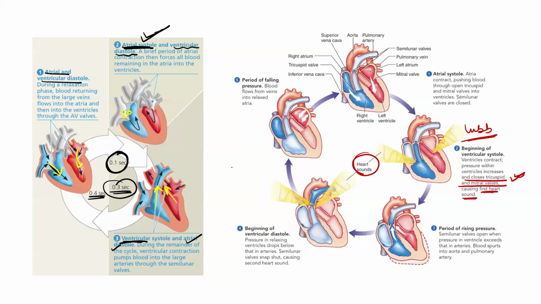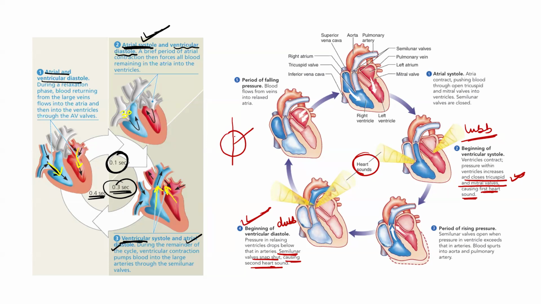Clear? Then the second heart sound is heard when the ventricles start relaxing. When the ventricles start relaxing, then the semilunar valve closes, and you will hear the second sound that is known as dub.